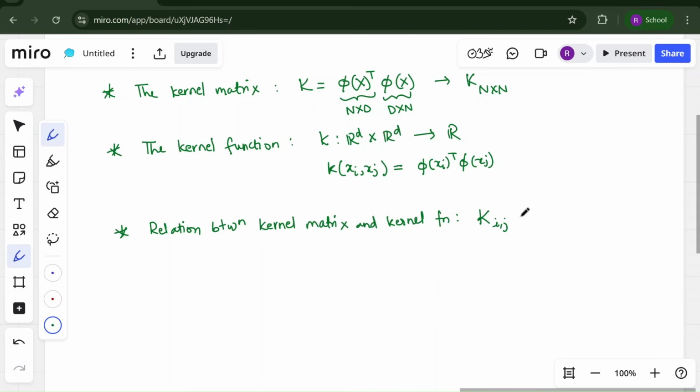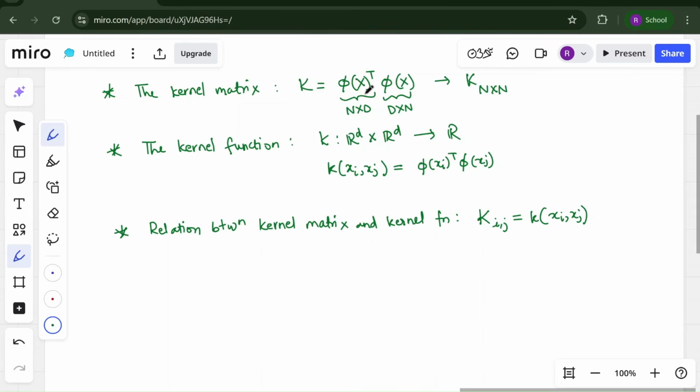It's an n by n matrix, so you can look at the ijth entry. That will be the same as the kernel function between xi and xj. And it is easily observable, because we are doing phi x transpose phi x, so the ijth entry has to be this, right?